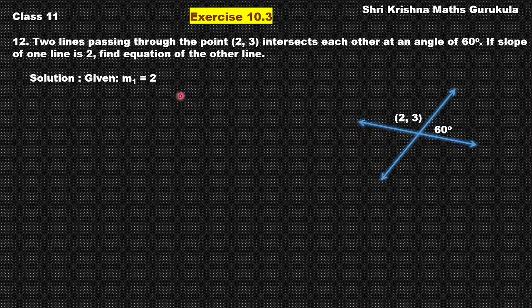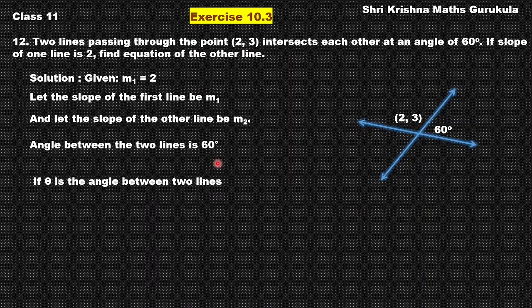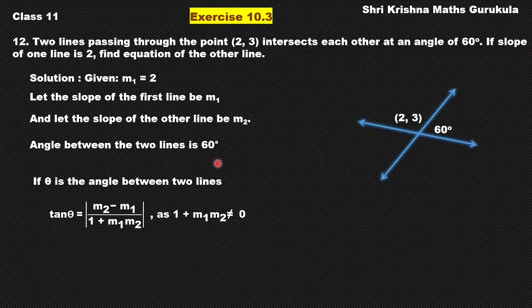So I'm calling the slope of this line m1, which is 2. Then we'll call the slope of the other line m2. Okay. Now the angle between them is 60 degrees. So tan theta is modulus of (m2 minus m1) by (1 plus m1 m2). Theta we already know, m2 we have to find, and we know the value of m1.